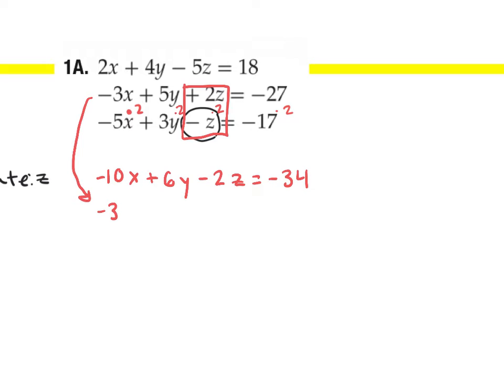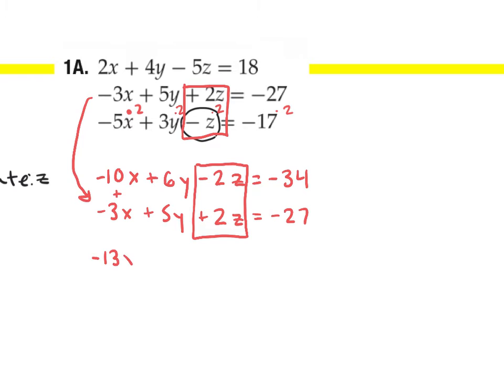So I have -3x plus 5y plus 2z is equal to -27. Now that I see these are the same number but opposites, we can go ahead and combine them so they cancel out. So what is -10x plus -3x? -13x.